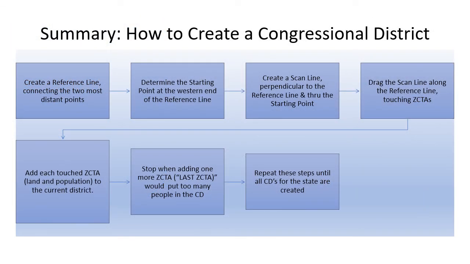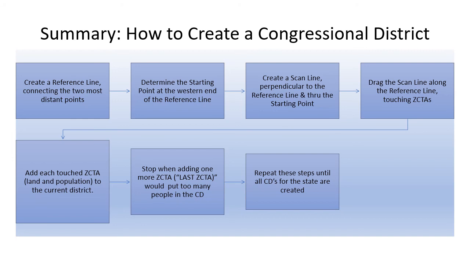Here is a summary of the steps needed to create a congressional district. We begin by creating a reference line connecting the two most distant points in the state not yet assigned to a CD. We determine the starting point at the western end of the reference line. We then create a scan line perpendicular to the reference line and through the starting point.